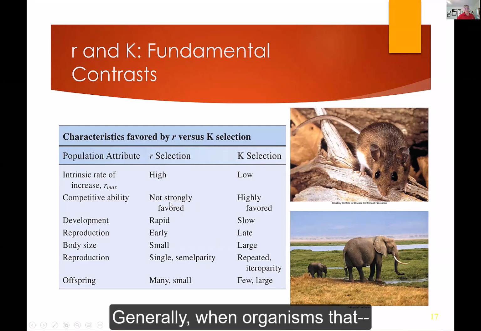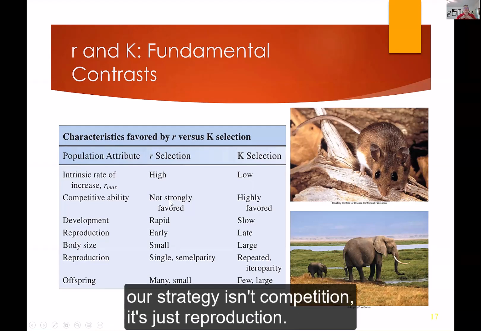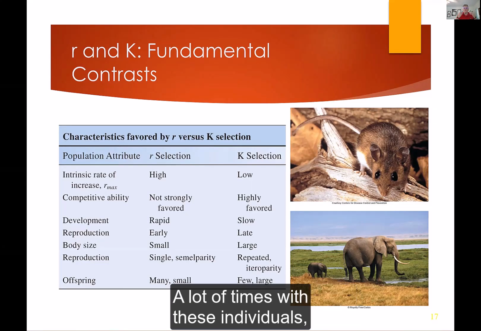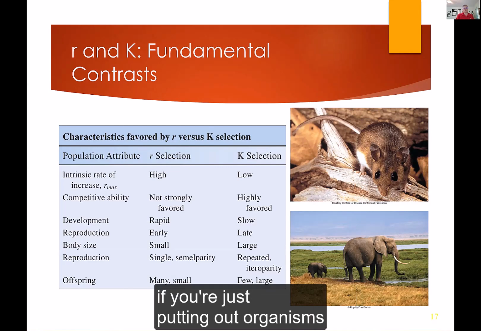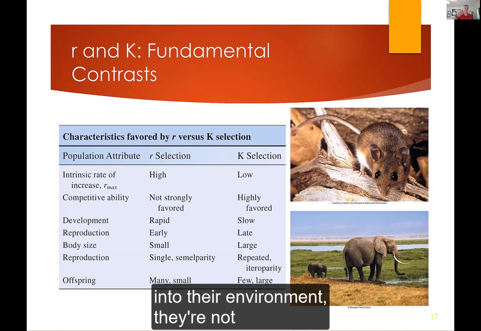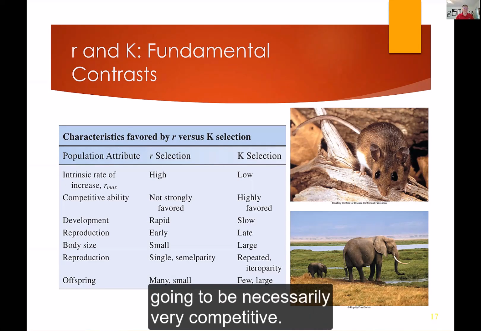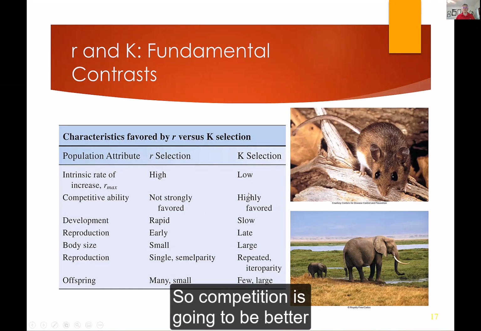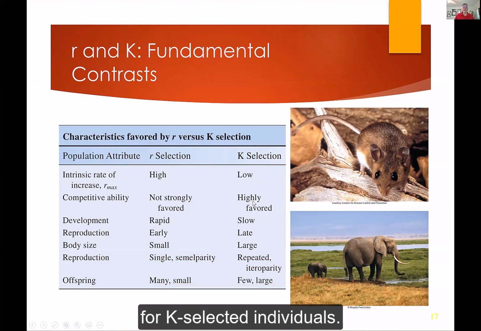Generally with these organisms, our strategy isn't competition, it's just reproduction, right? A lot of times with these individuals, if you're just putting out organisms into the environment, they're not going to be necessarily very competitive, right? So competition is going to be better for K selected individuals.